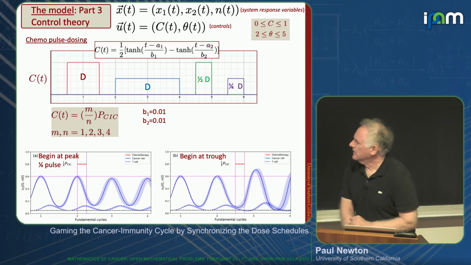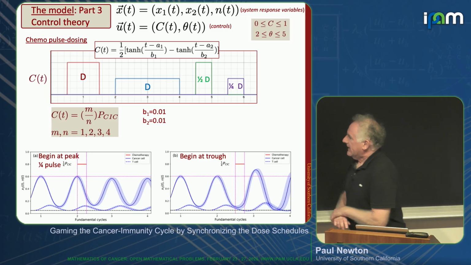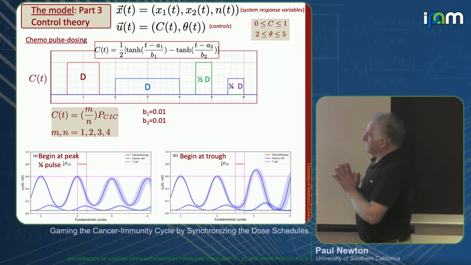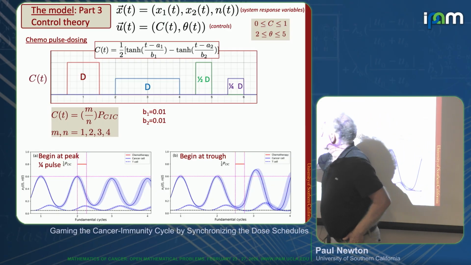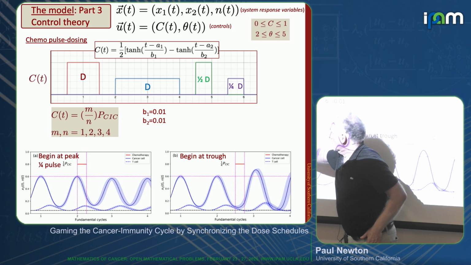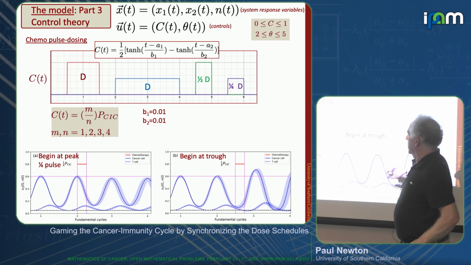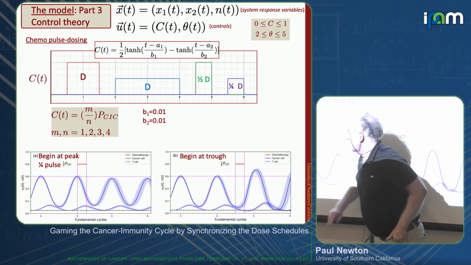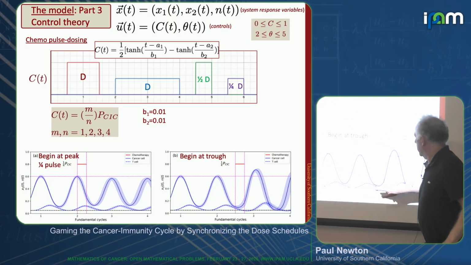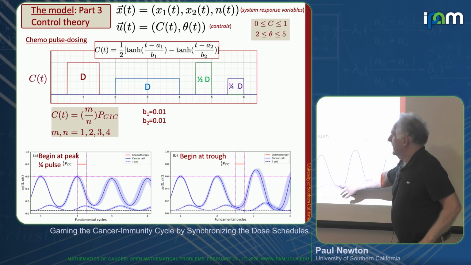And so let me just show you a quick first result, and that is this. So just chemotherapy. So let's take a quarter pulse, and we're comparing now starting at the peak of the cancer cell population as compared to starting at the trough. And the question is, which is better in terms of the response?